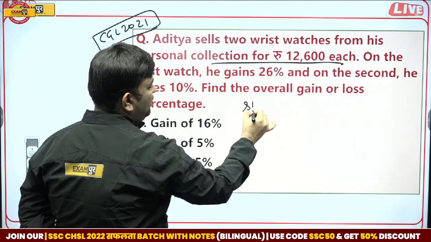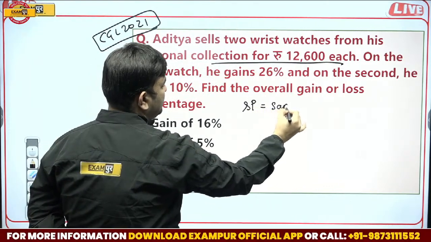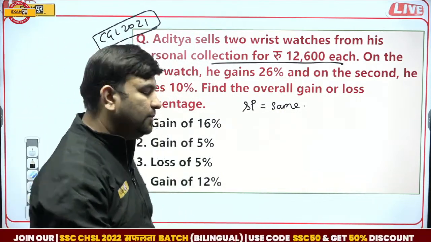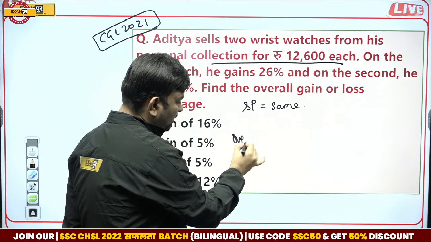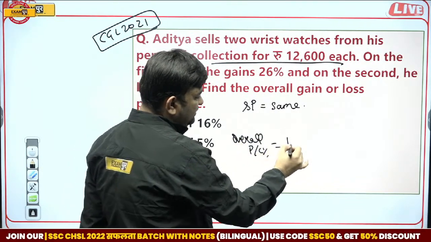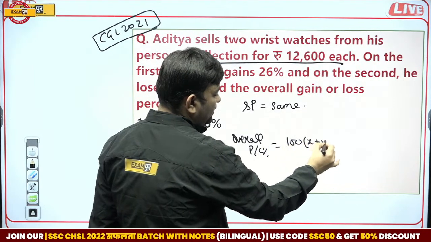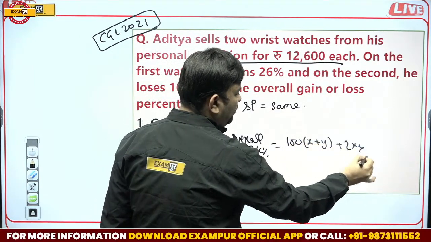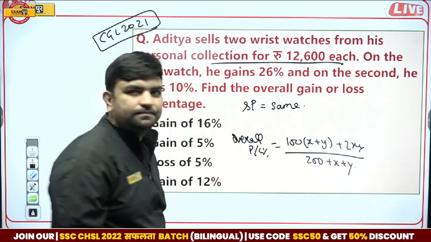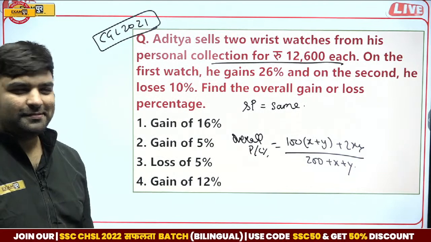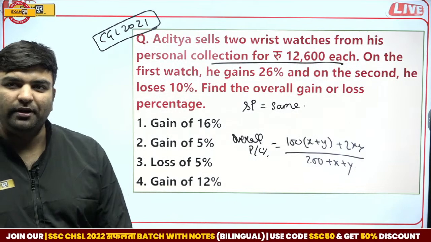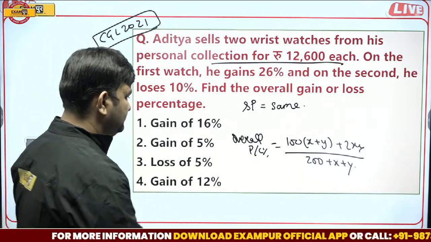Whenever two articles are sold for the same selling price, overall profit or loss percentage is (100x plus y plus 2xy) upon (200 plus x plus y).